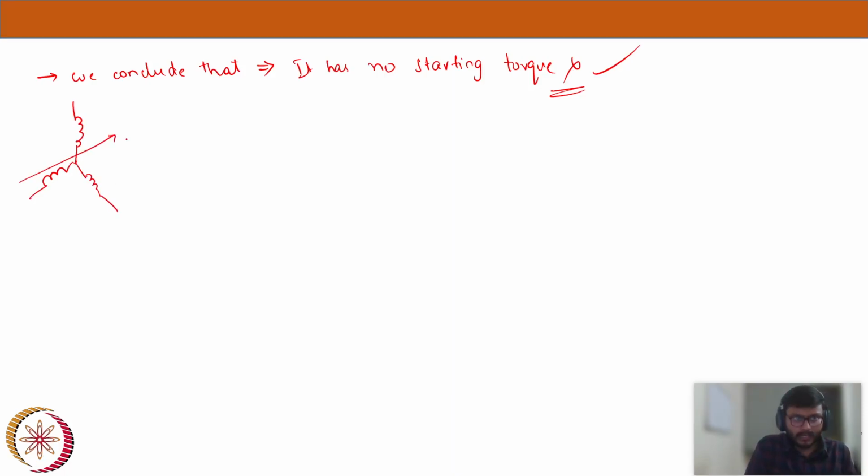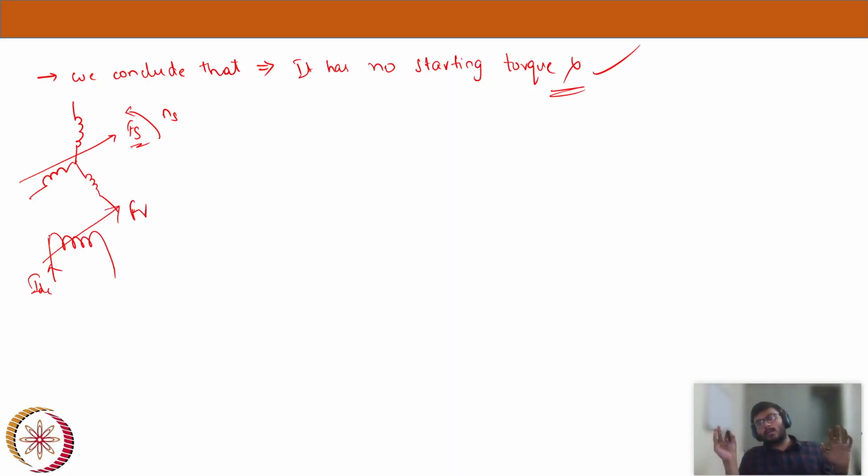In my stator, I have generated a rotating field. The direction will depend on the phase sequence, but I'm just assuming it to be anti-clockwise. If this is FS, and here is my rotor winding, I have flown IDC current through it and generated an FR here. It is not rotating.